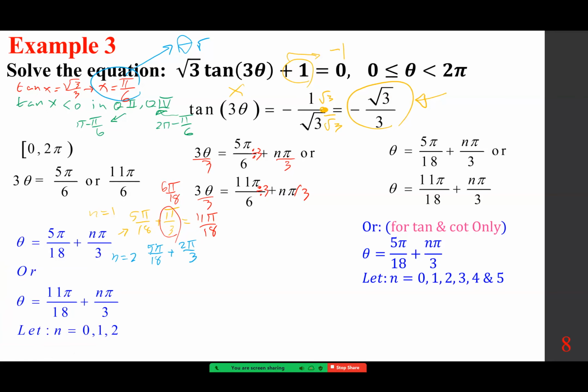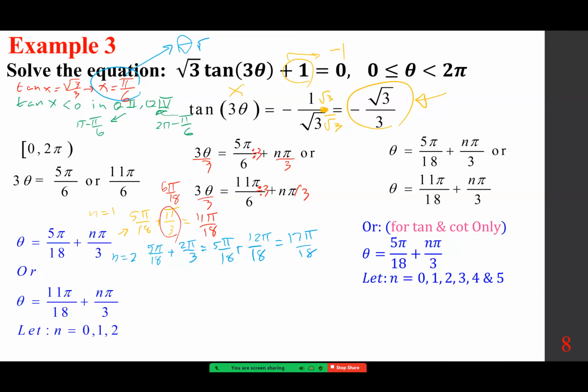Now 2 pi over 3, let's write it actually. 5 pi over 18 plus, if you change this to 18, you have to multiply the top by 6 also. 17 pi over 18.